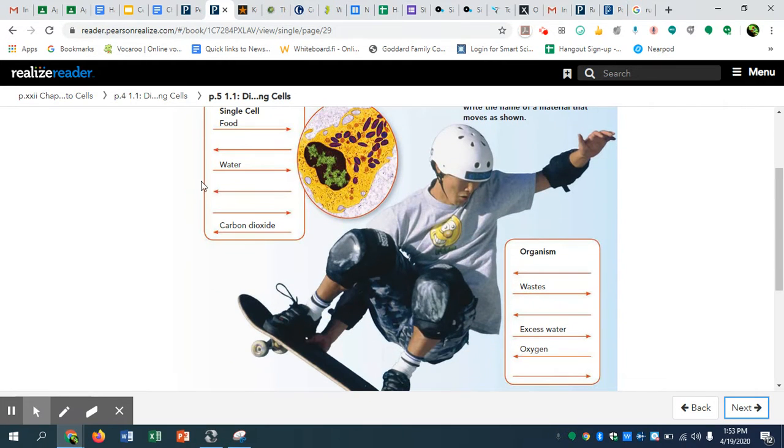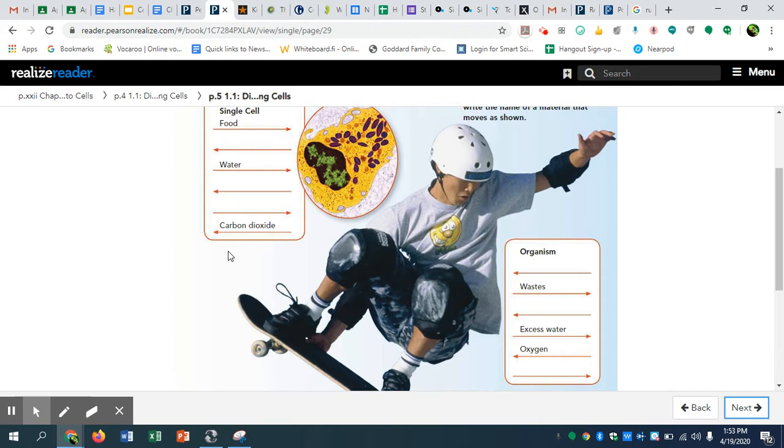So the answers that are in here, these 1, 2, 3 answers, can be transferred onto the lines here and vice versa. The words that are here can be transferred onto the lines here, because what it's trying to explain to you is that even though it's a single cell and even though we're multicellular organisms, we all have the same basic needs.